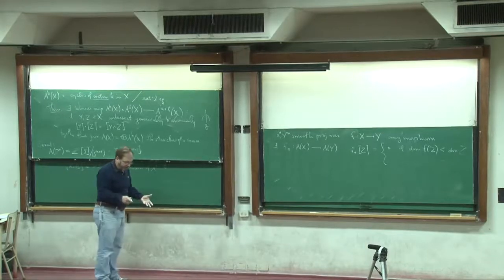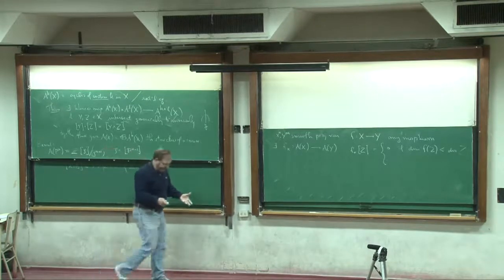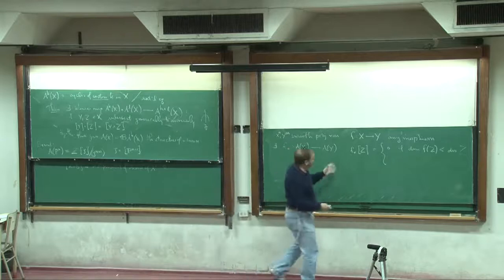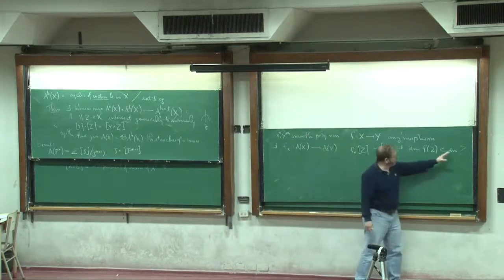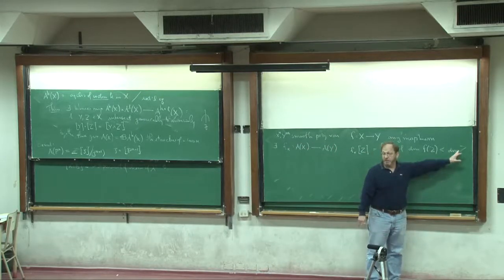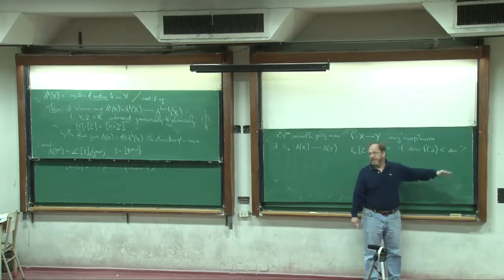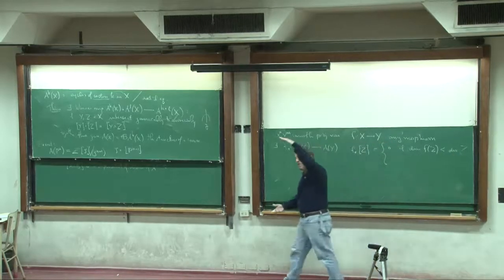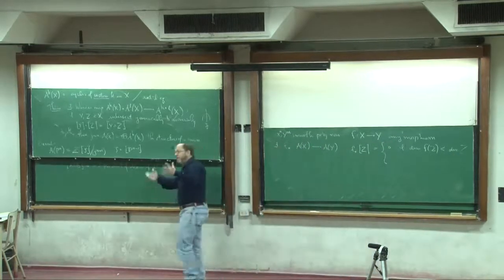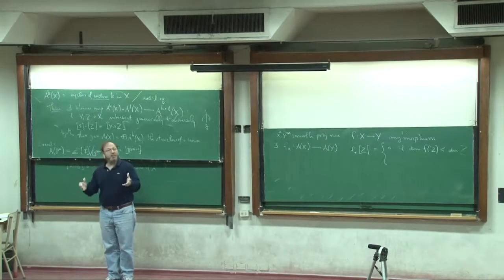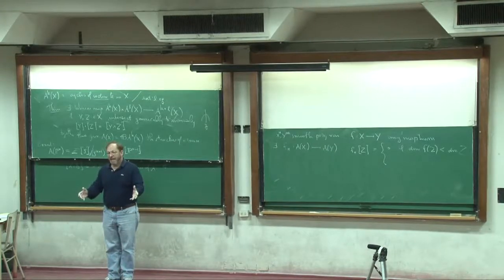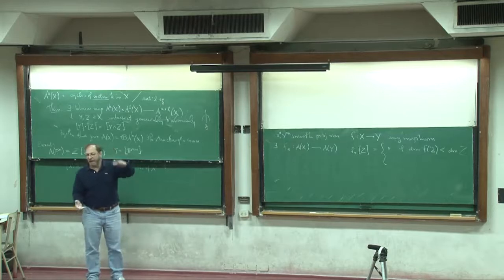If z, now let's assume that the image of z has the same dimension as z, then the map from z to its image will be generically finite. It'll have some degree. And I want to take that degree as a sort of multiplicity.